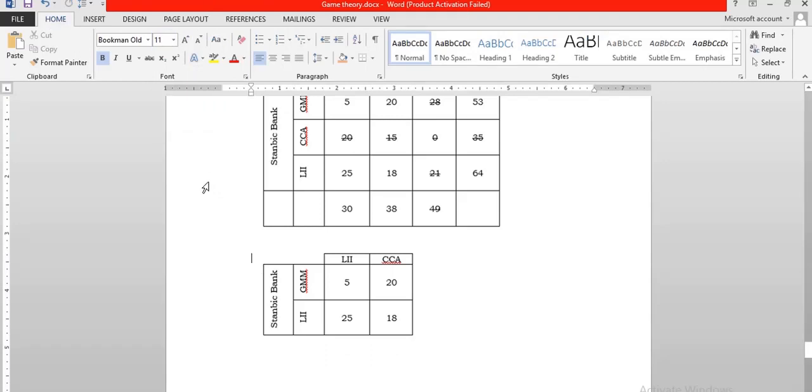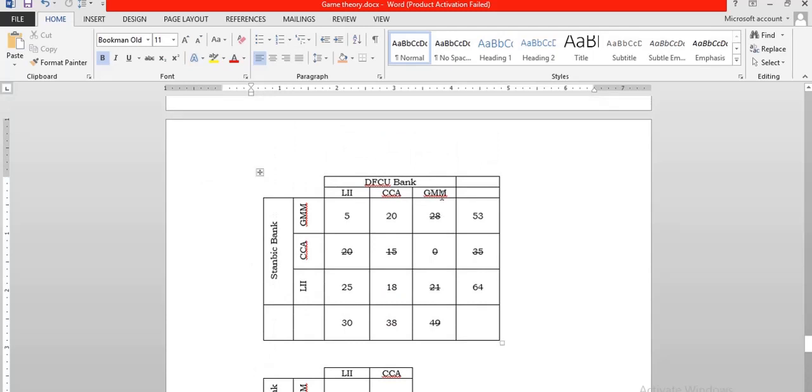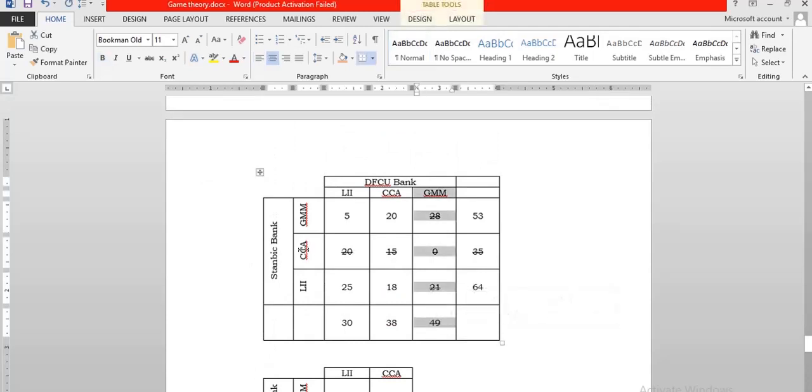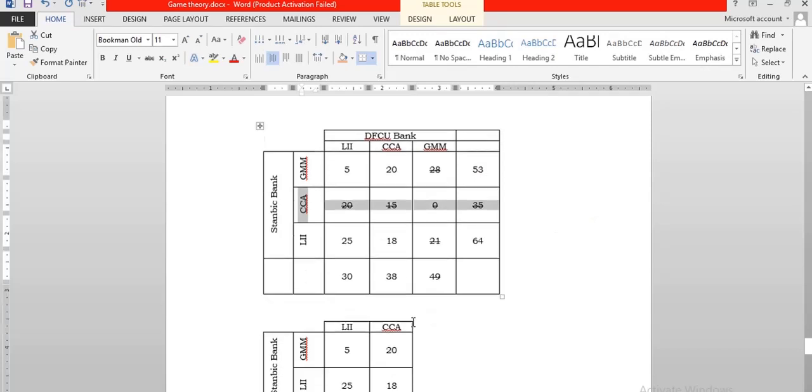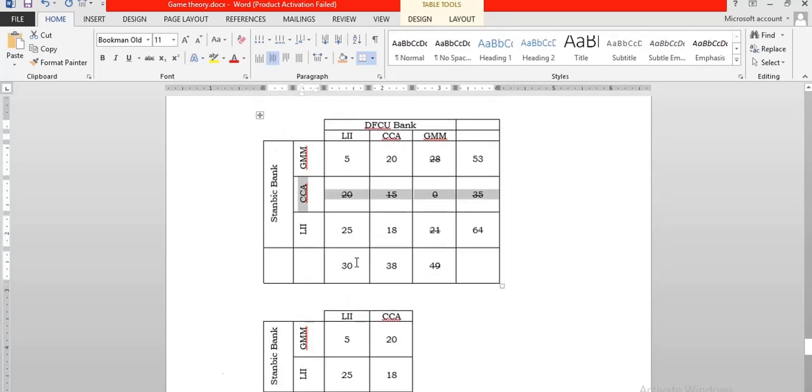Okay, so we have cancelled out the GMM, we have cancelled out the CAA, we removed the LII plus the CCA. So of course CCA has gone also, it's no longer part of us because we have deleted it.